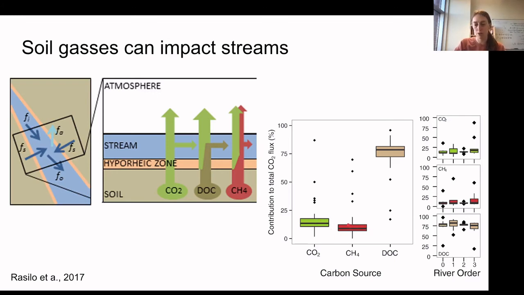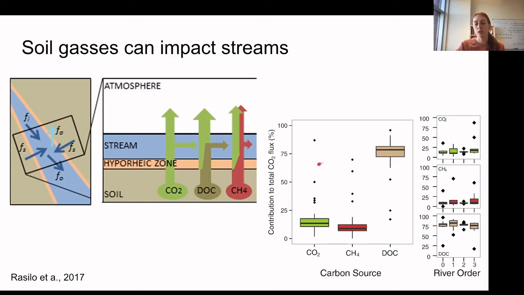But this DOC, this dissolved organic carbon coming from the landscape, is obviously a huge source of energy for organisms living in the stream, which then gets broken down and leaves the system as respired CO2.